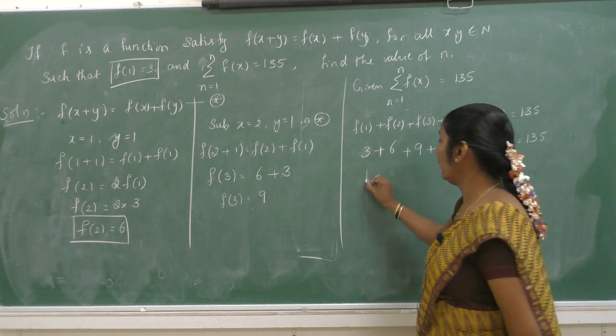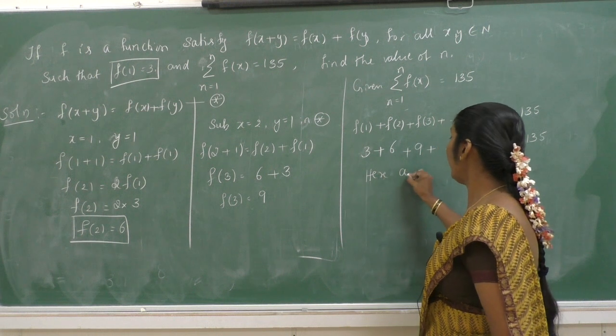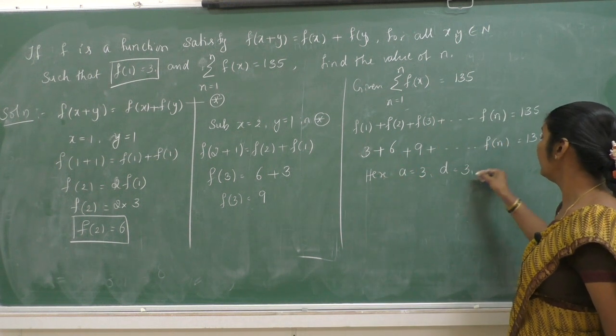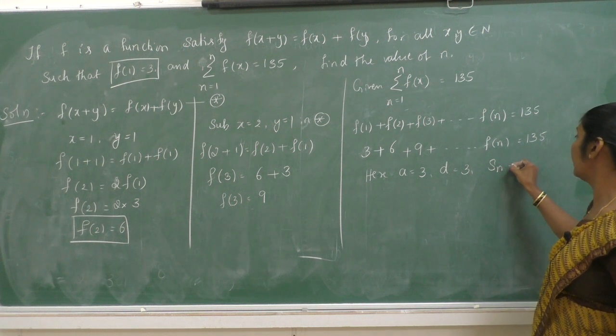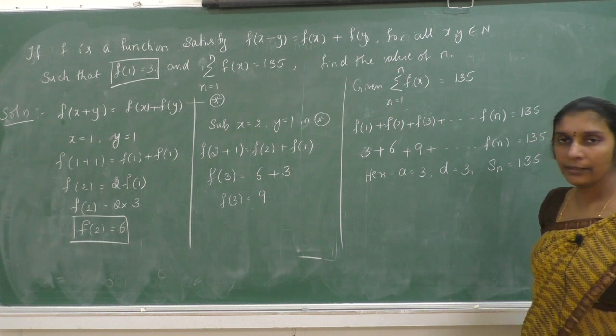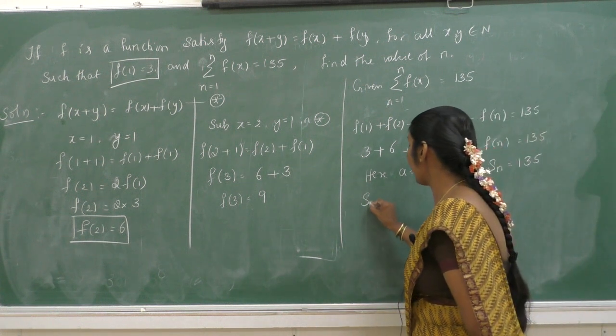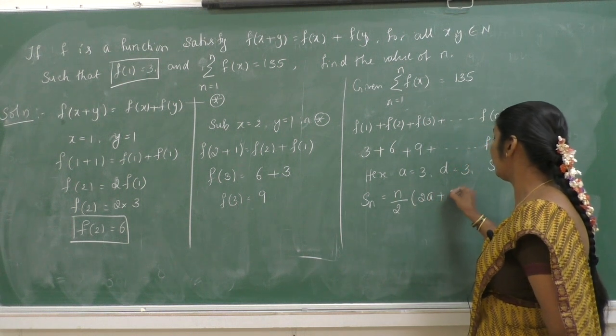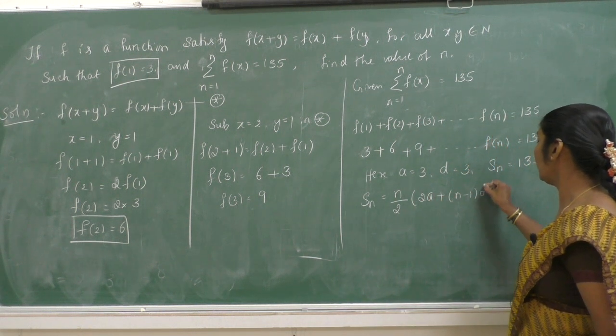Here, a is equal to 3, d is equal to 3 and Sn is equal to 135. Our aim is to calculate the value of n. Sn is equal to n by 2 into 2a plus n minus 1 into d.